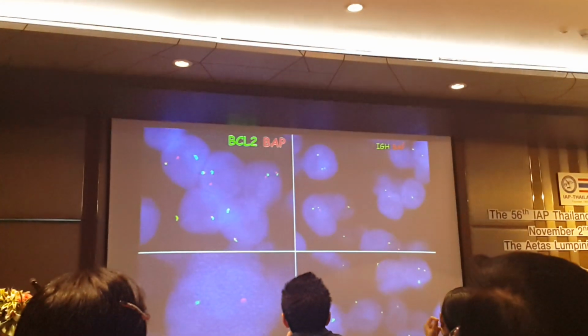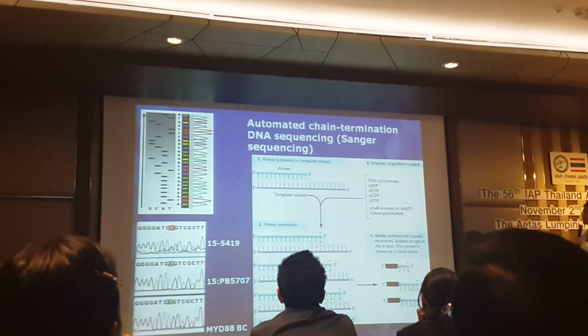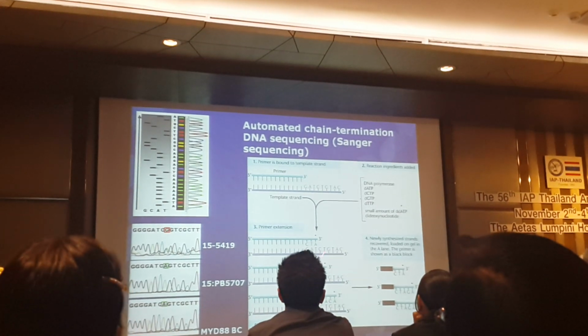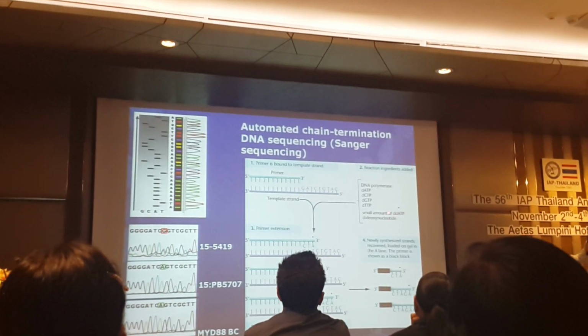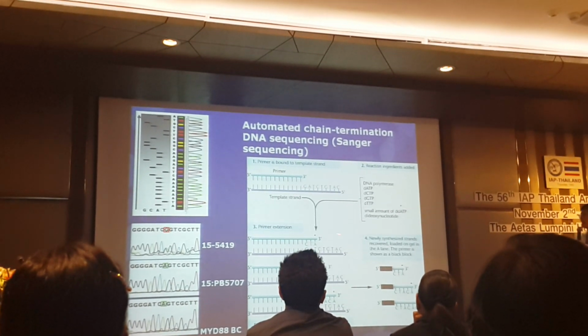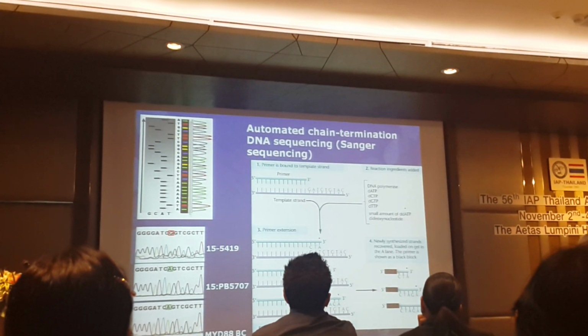So after a few cycles of PCR, you get different chains of different lengths. Because you have these dideoxynucleotides, each of which carries a particular fluorophore, you stop the chain reaction at different stages, giving different chain lengths.